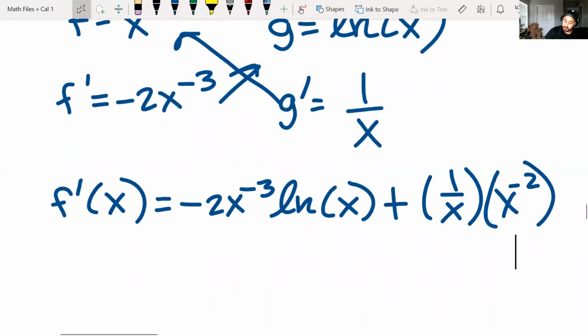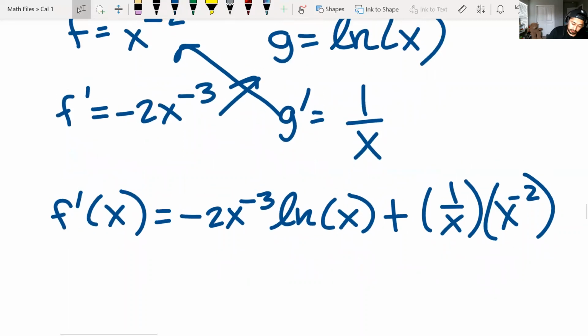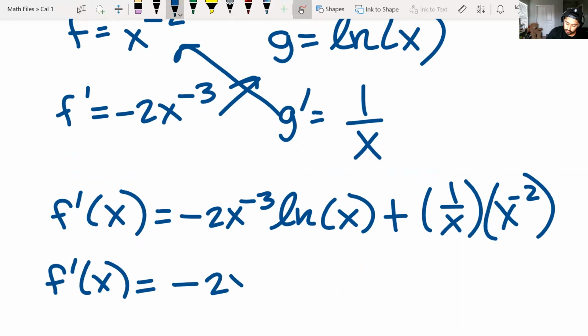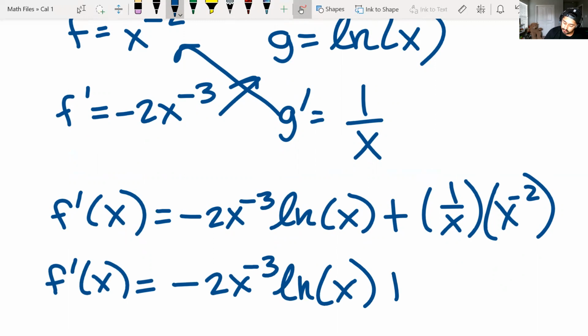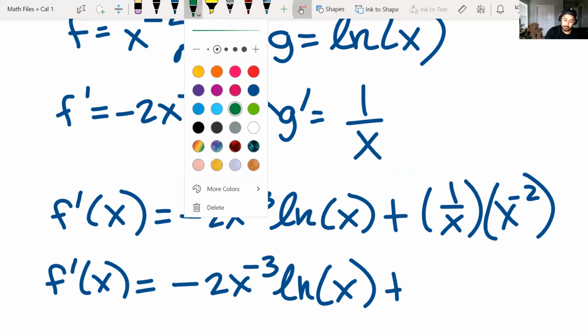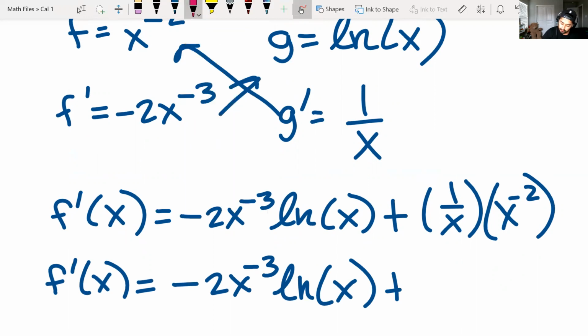Okay, cleanup time. This becomes f prime of x equal to negative 2x to the negative 3 natural log x plus, well, this is also the same as x to the negative 1.